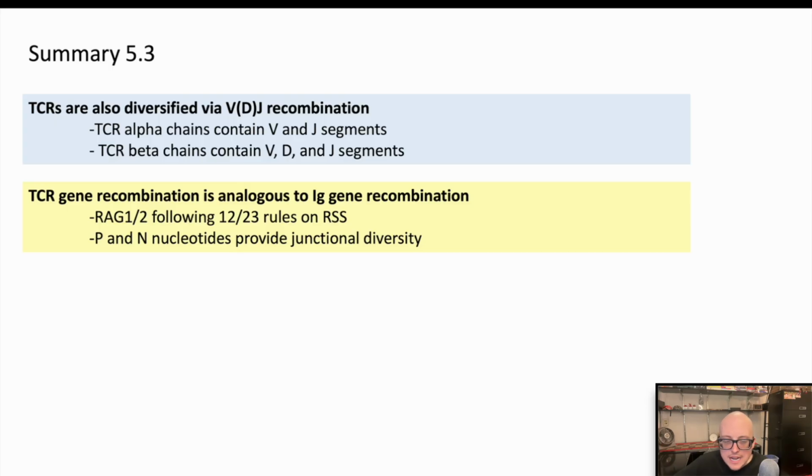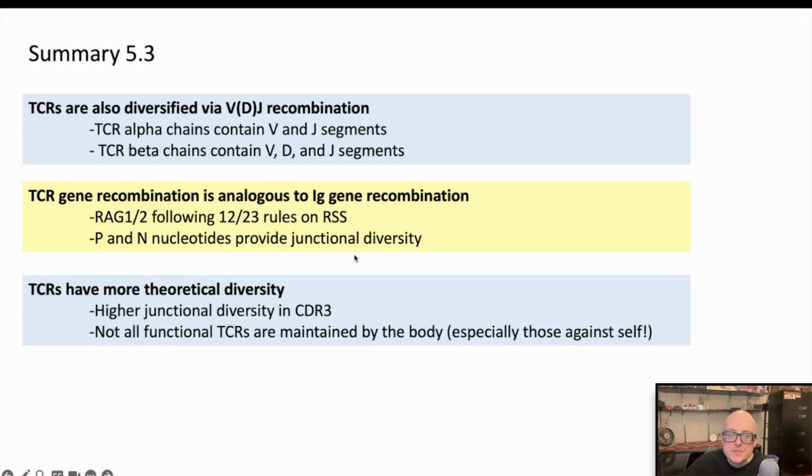We still use the RAG recombinase enzyme, and it still has to follow the 2312 or 1223, however you prefer, rule in terms of recognizing recombination signal sequences. And just like for immunoglobulins, all the same processes play out wherein we add P and N nucleotides to provide junctional diversity.